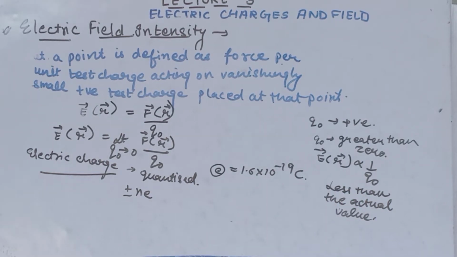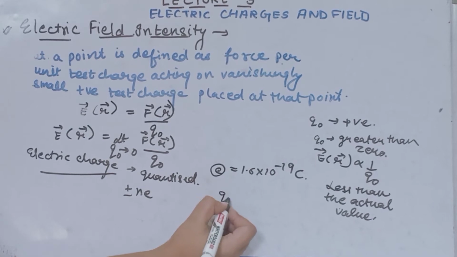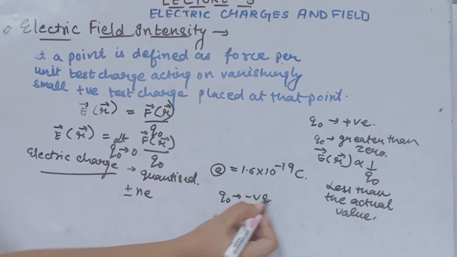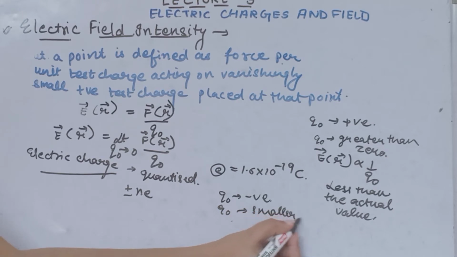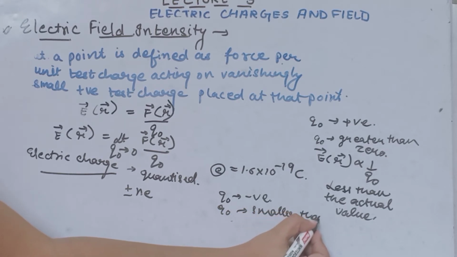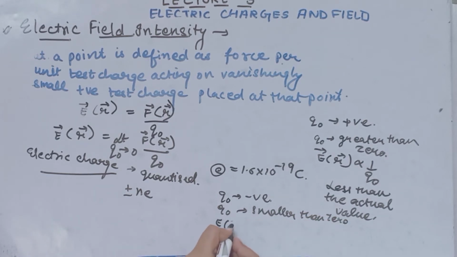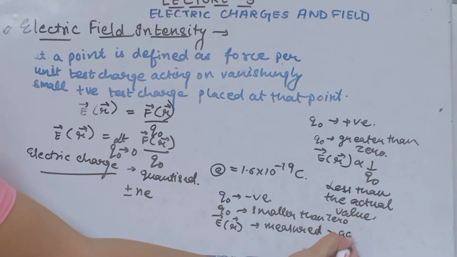Similarly, if Q naught is negative, that means Q naught is smaller than 0, so the measured value of electric field will be greater than the actual value.